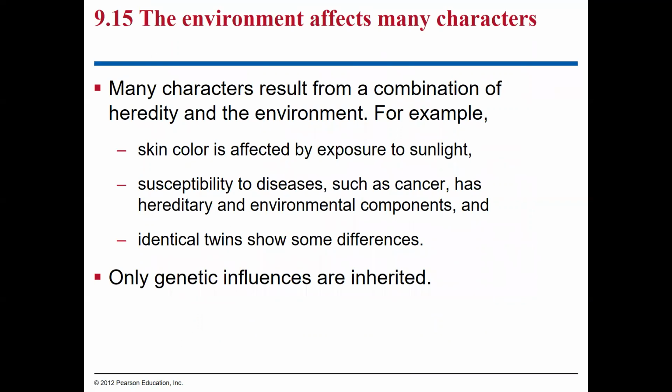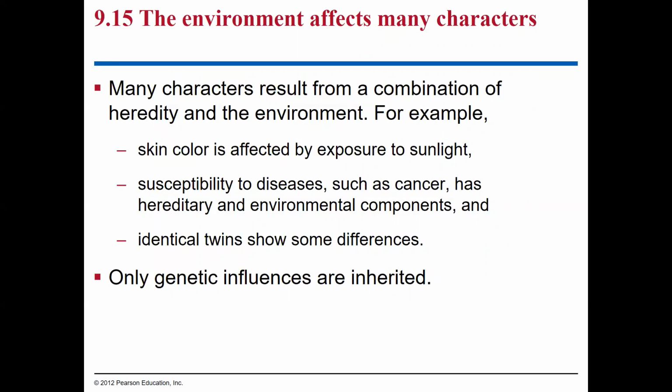So the environment affects many different characteristics as well. Many characters result from a combination of heredity and the environment. For example, you can inherit many dark skin color traits, but your skin color is affected by exposure to sunlight. Susceptibility to diseases such as cancer is also environmentally stimulated.